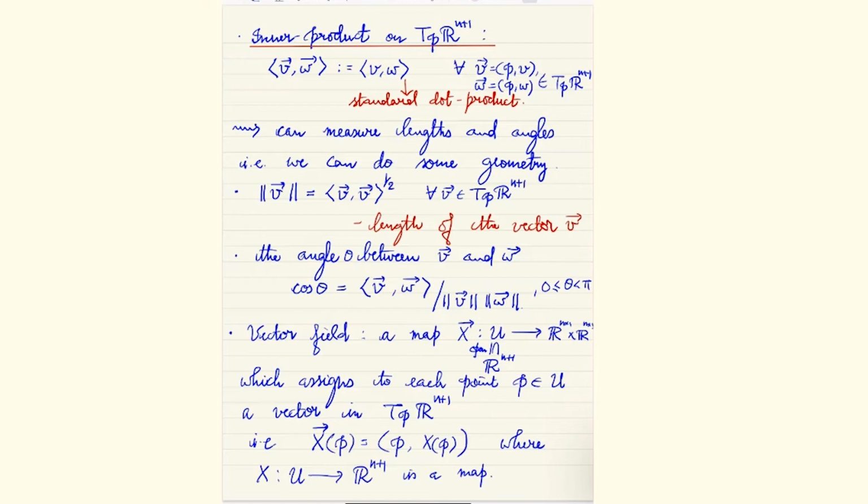So we'll look at examples of vector fields. And perhaps I make a remark that because of the way we define vector fields here, we can actually have a one-to-one correspondence between vector fields X with an arrow on top and maps X from U to R^(n+1).